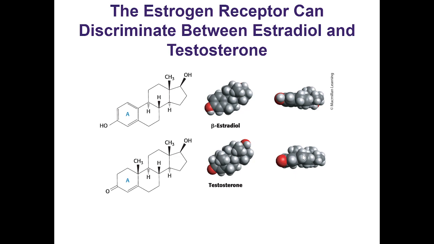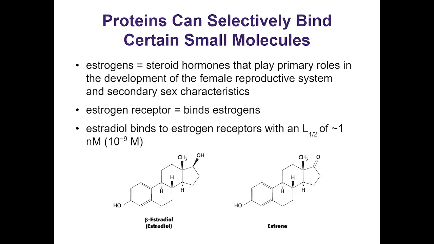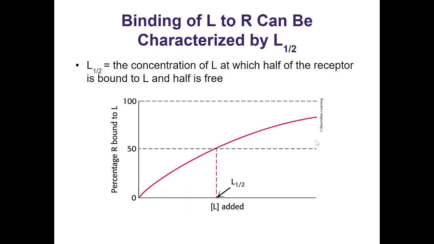See that? So when it says the estradiol binds to estrogen receptors with an L1 half, whenever you have that concentration, that means 50% of your estrogen is bound. Exactly. Well, 50% of the receptor sites are bound.